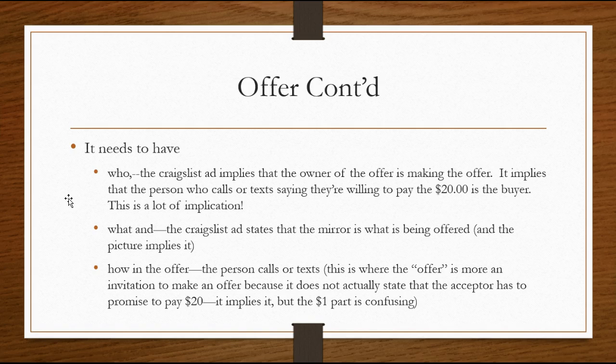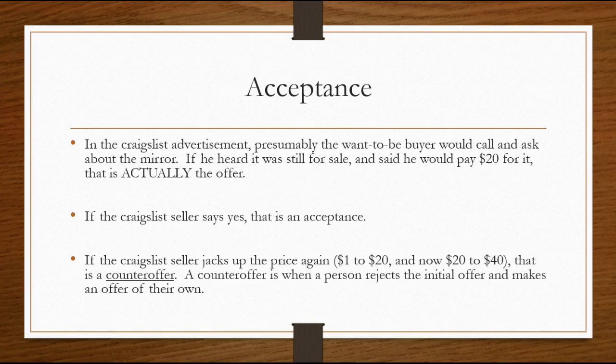Now, if this offer can actually be accepted, it would have to be for the $20, not the $1 probably. And it could be accepted, or it would be an invitation to make an offer via text or phone call for the $20 price. All right, acceptance.